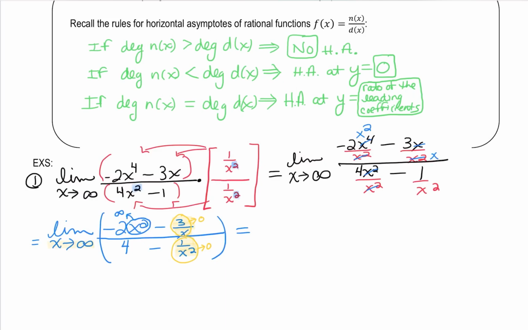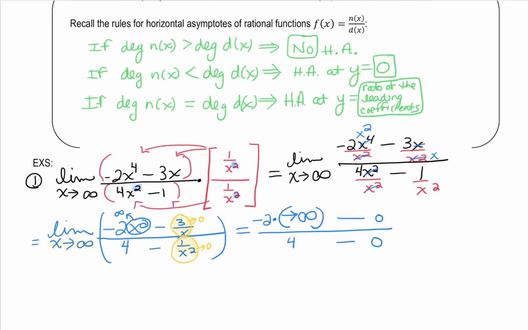So this first term looks like negative 2 times something that is getting bigger and bigger, something going to infinity. And then I have minus something going to 0, divided by 4 minus something going to 0.